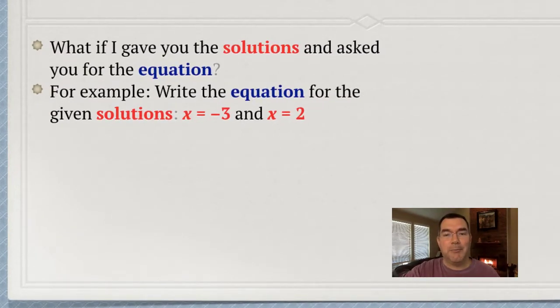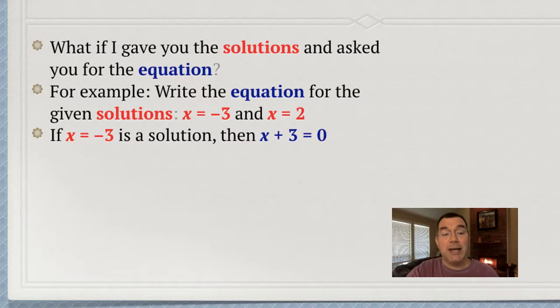It's basically the backwards of what we've done in the last lesson where we were factoring and then coming up with our solutions that way. So if I asked you to write the equation for the given solutions x equals -3 and x equals 2, remember how we would get those solutions is we would be solving linear equations that had those solutions.